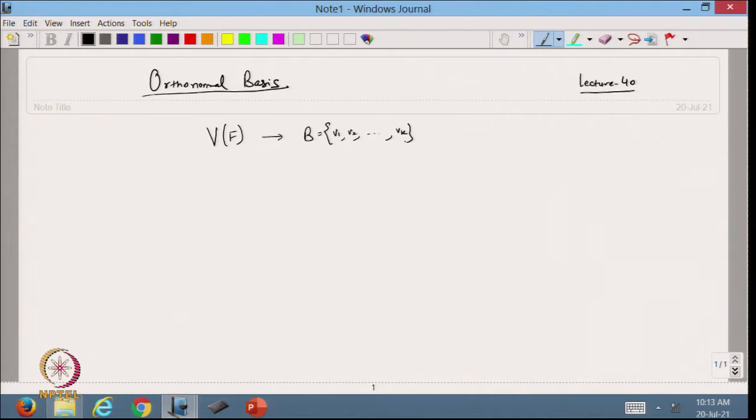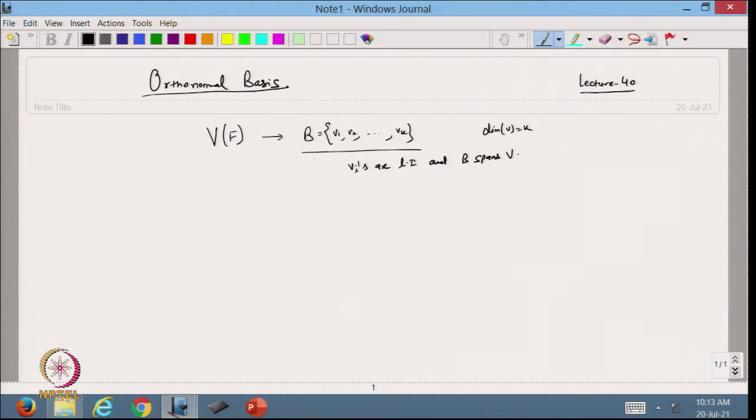This is the basis for vector space V. It means that the dimension of V is k. Then these Vi's are linearly independent and B spans V. This is what we have seen till now.